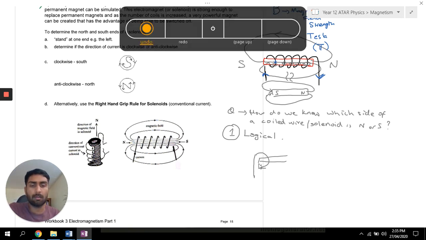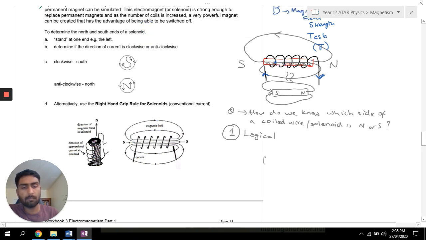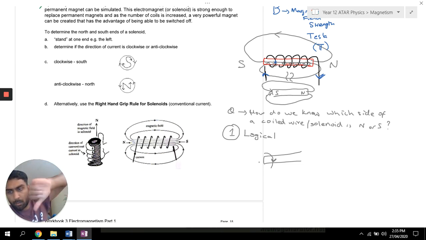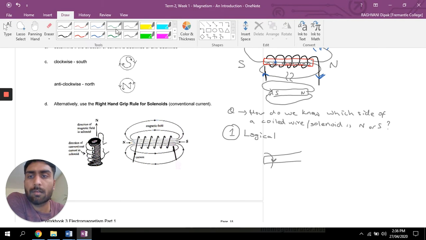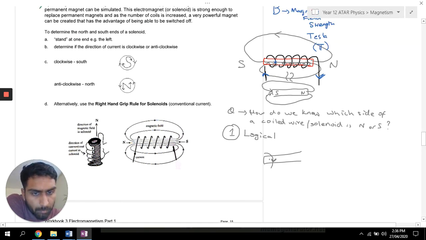Sorry, actually, I'll re-look at this. If we look at a coil of wire, at this point on this side, the current is going down. If you use your right hand grip rule, current going down means a clockwise field around it. So if we drew that field, it would be coming into and out of the page in a circular direction.